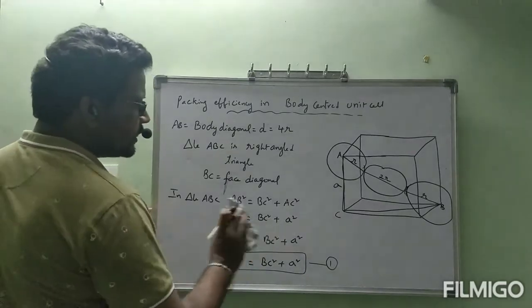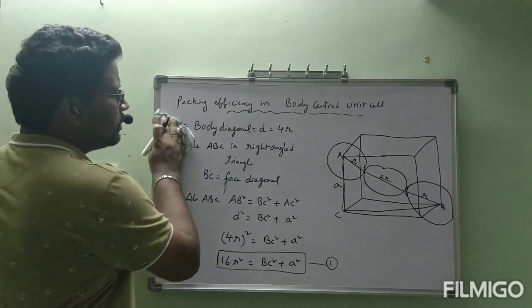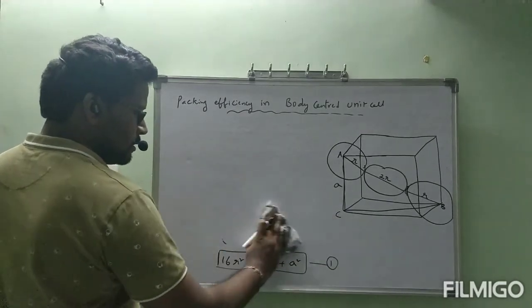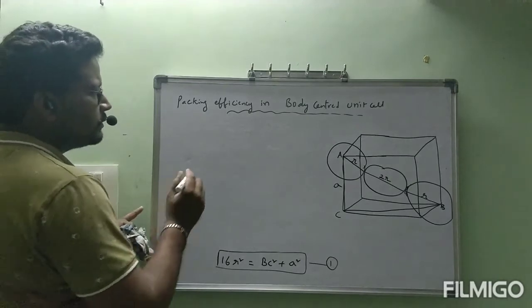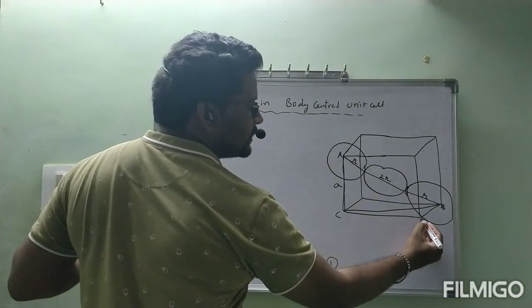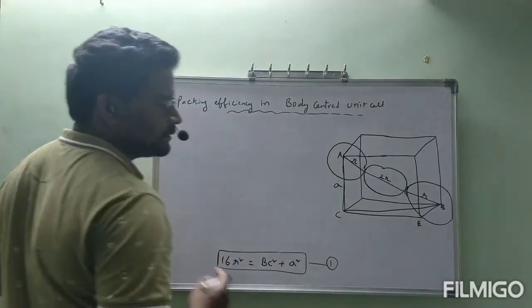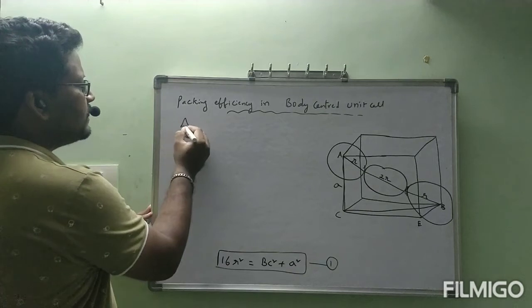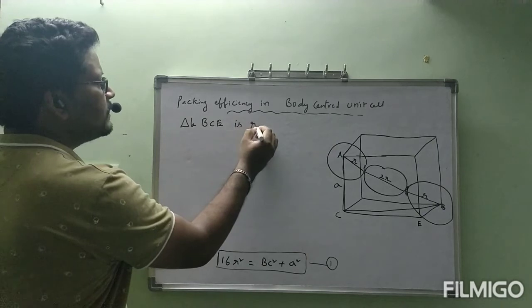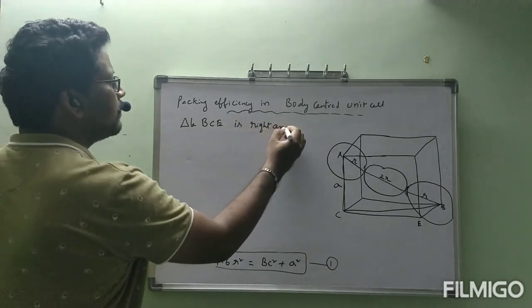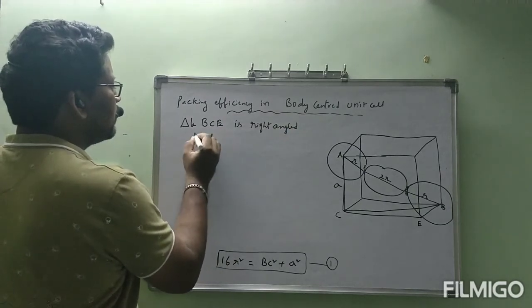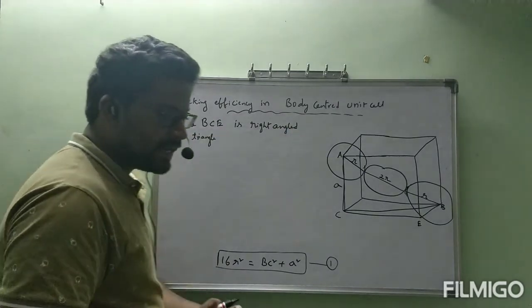I am going to rub up to here. Now I am going to take this corner as E. Triangle BCE is a right angle triangle.